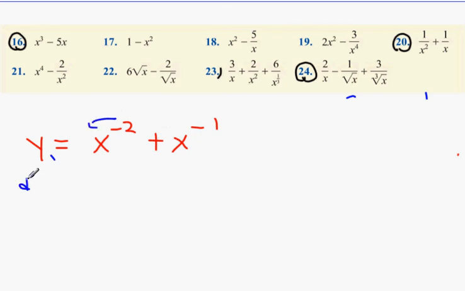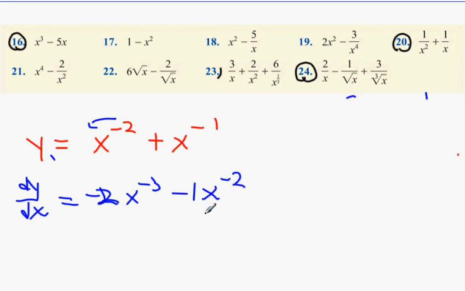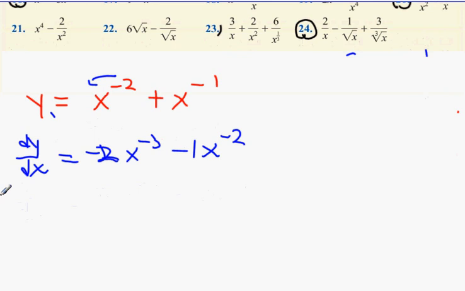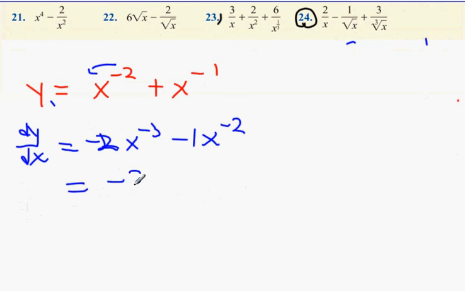When you differentiate, you're going to get minus 2 to the front, take 1 away, x to the minus 3. Bring minus 1 to the front, take 1 away from it, x to the minus 2. What can I change that into? Minus 2 over x cubed minus 1 over x squared.